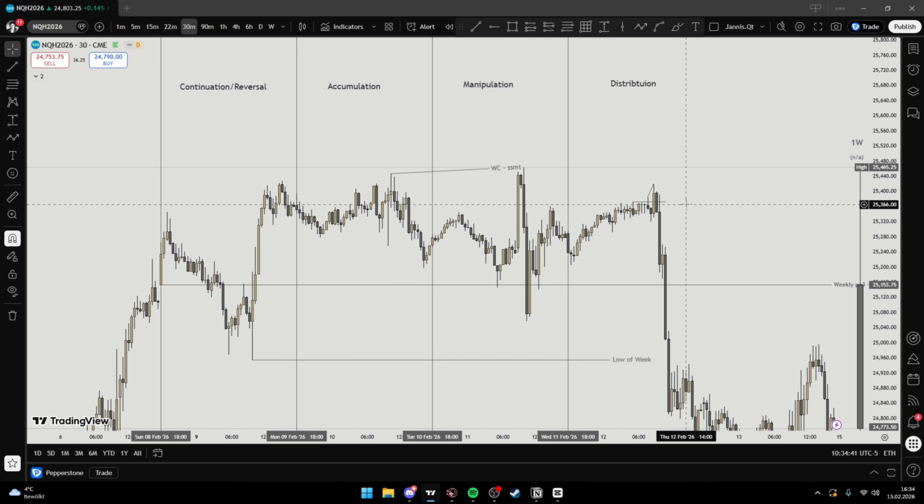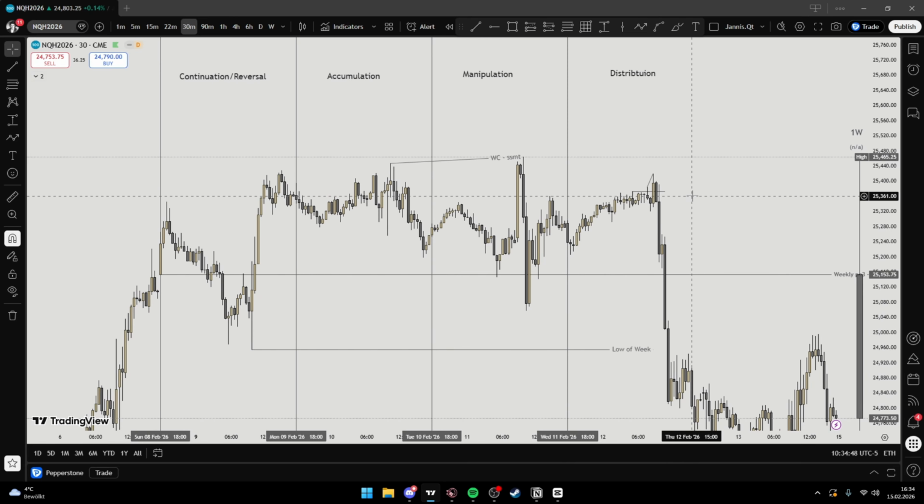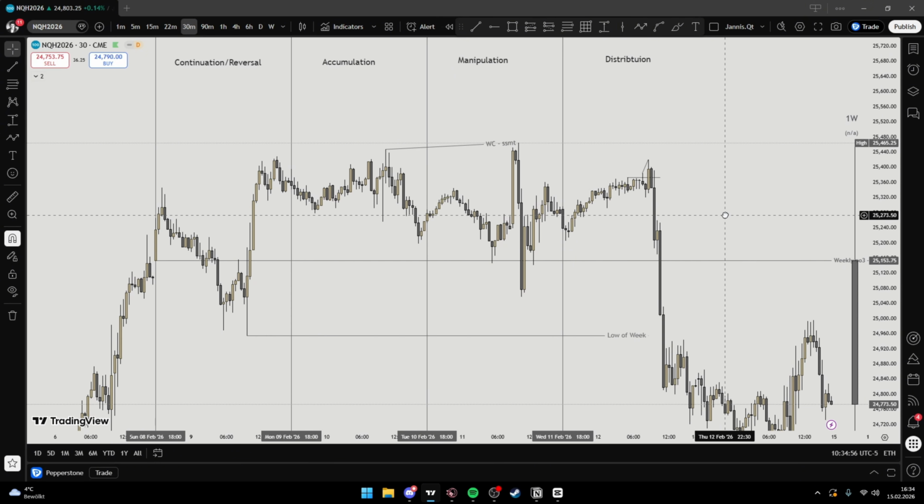So on the distribution day, I sadly didn't trade, but Zion did, and he caught the whole move. It was obvious that we were going to distribute lower now that our manipulation was already done for the week, which was also confirmed.